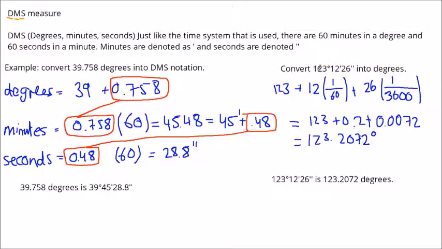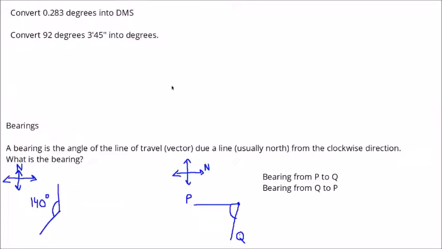In this example, convert 123 degrees, 12 minutes, and 26 seconds into degrees. You multiply by 1 over 60, because that's the number of minutes in a degree, and 1 over 3,600, because that's the number of seconds in a degree. Sorry, so that's how it works.